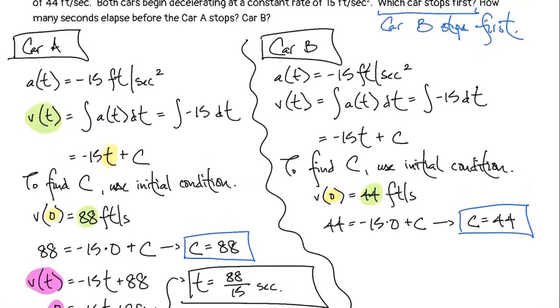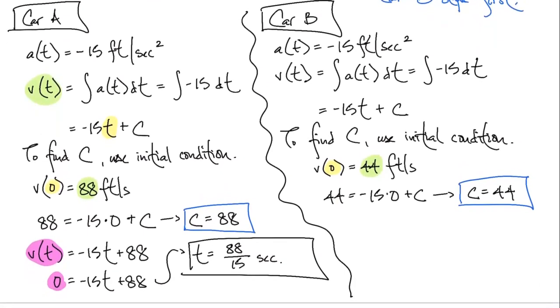Now we want to know how long it takes for car B to come to a stop. Can I still set my velocity equal to 0? It is still okay because we're looking for when it comes to rest.